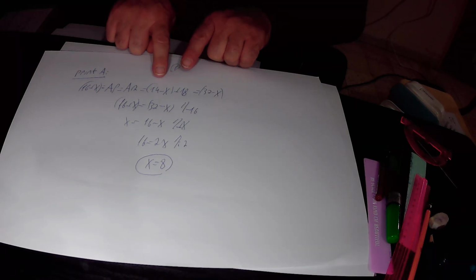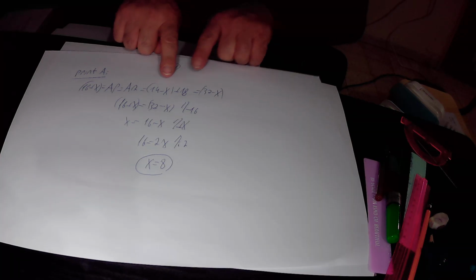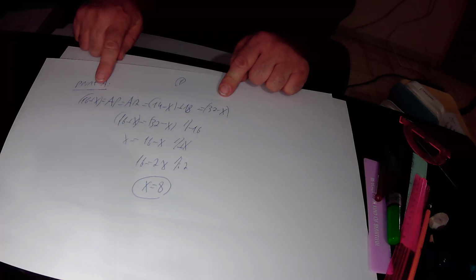Here 14 plus 18 is 32, so in total this expression equals 32 minus x. Those two sides of the equation are equal to each other, that is to say, 16 plus x equals 32 minus x.